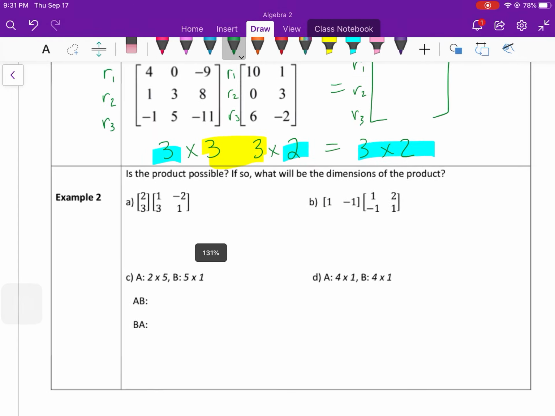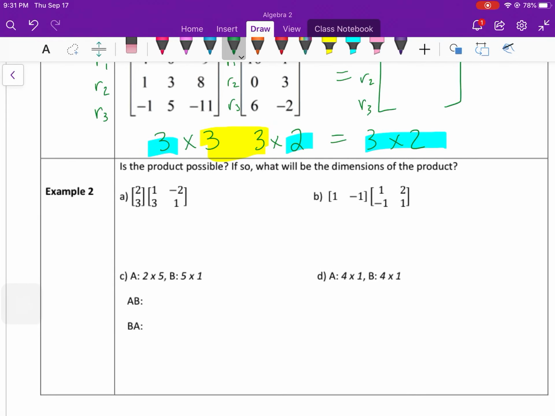So, in example 2, we're looking at A. We have a 2 by 1 and a 2 by 2. Since the middle dimensions are not the same, this one is not possible. However, in B, now we have a 1 by 2, one row by 2 columns, column 1, column 2, and a 2 by 2 matrix.